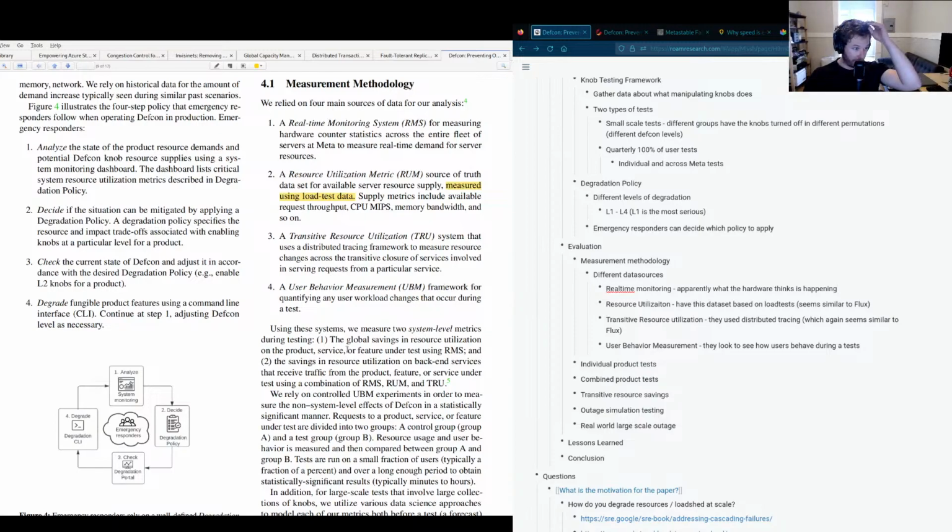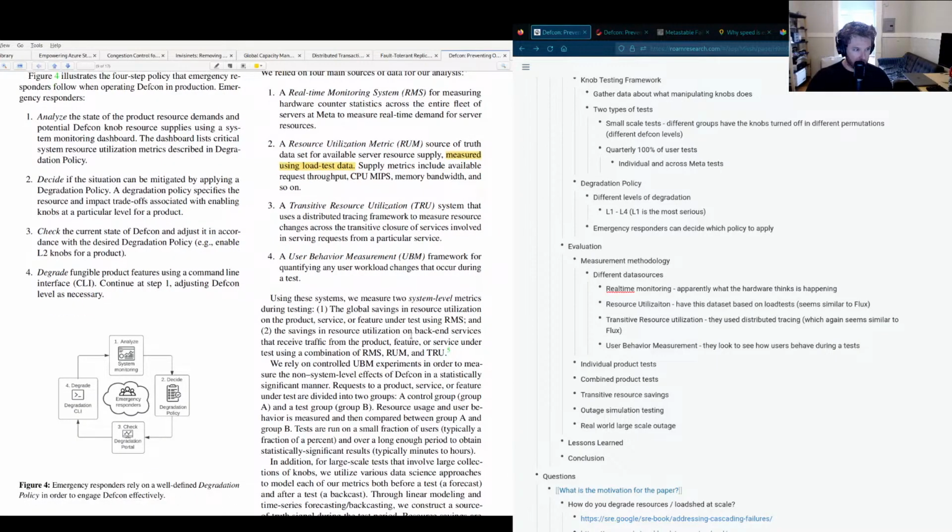So then they have these other measurements, which are on a product level or feature level.